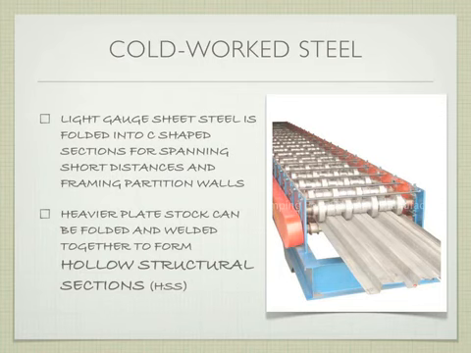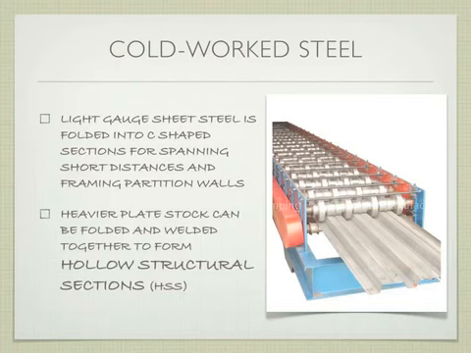which is where it's commonly used. Heavier plate stock can also be folded and then welded together to form the hollow structural steel sections. Right? So we know that the thickness is much higher on those steel sections. Right, the HSS, you guys remember the rectangles, right? What happens is you take a flat sheet, right, and mechanically, while it's cold, you fold that steel together, right?